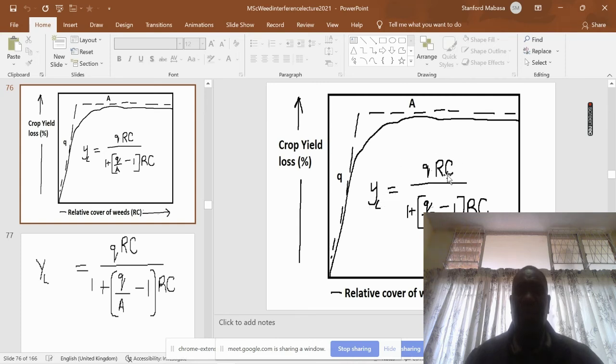You just remove leaf area and put RC in the same equation. Yield loss is equal to Q times RC divided by 1 plus, in brackets, Q over A minus 1, times the RC. It will give you the A value and the Q value, which give us an estimate of the competitive ability of the weed, of one weed or several weeds.